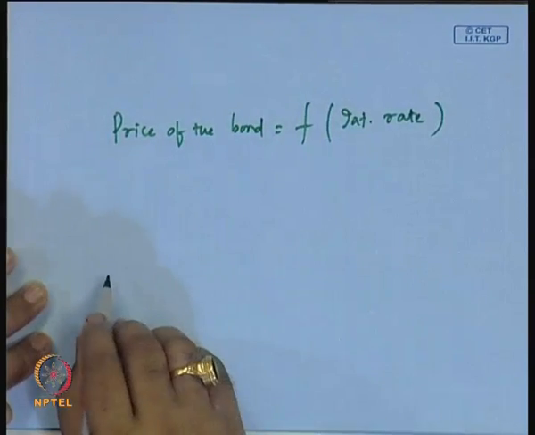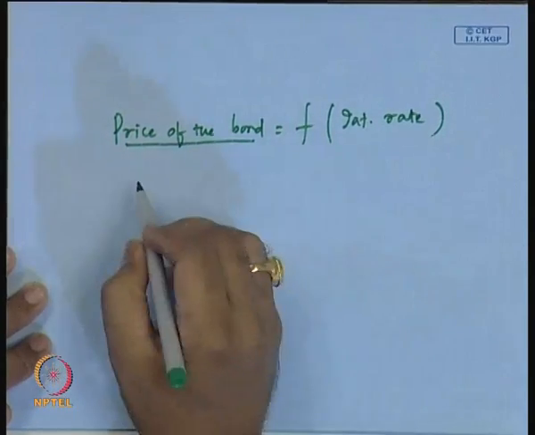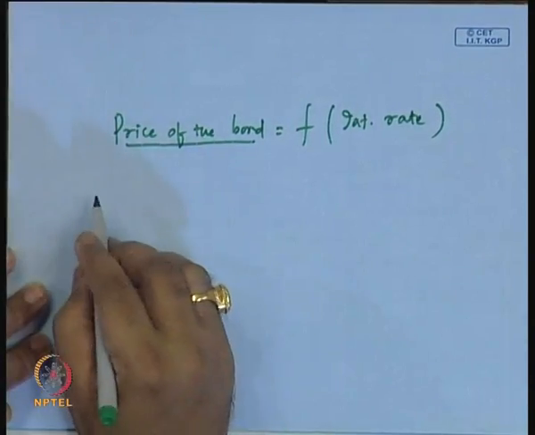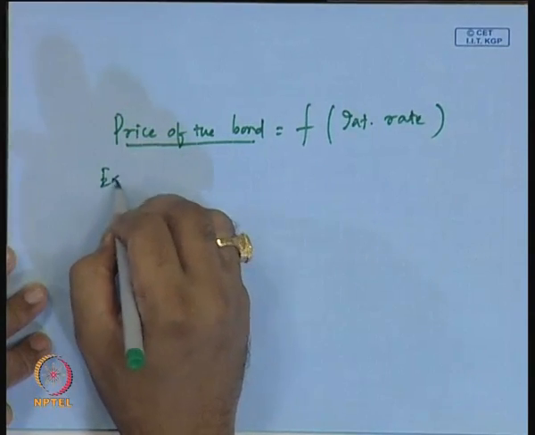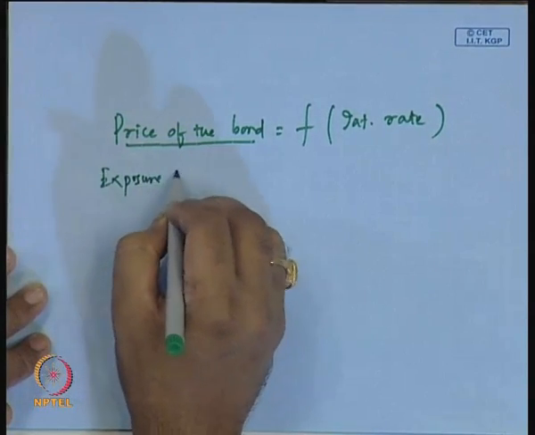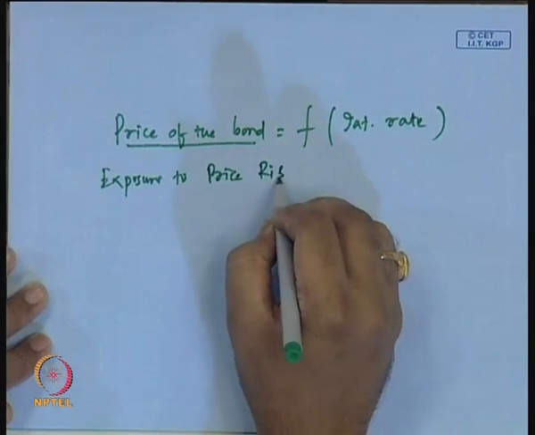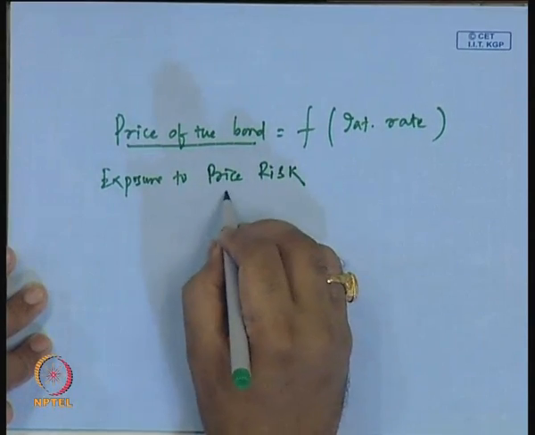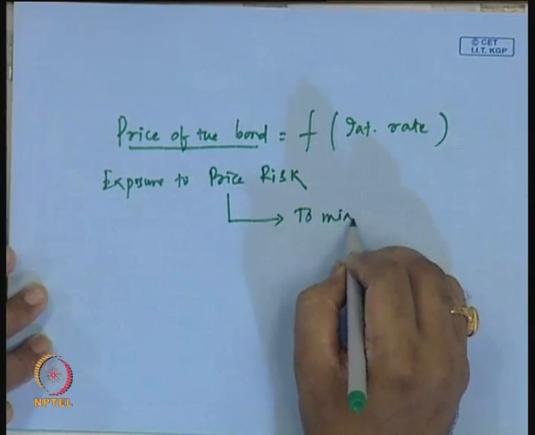But our main concern is that due to the interest rate the price changes. So whenever the price changes, we are exposed to price risk. So the basic objective of the investor is to minimize the price risk.